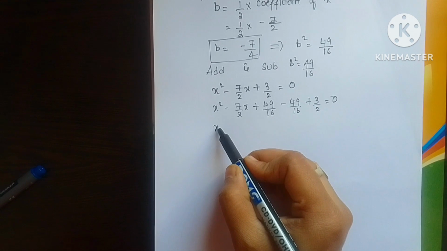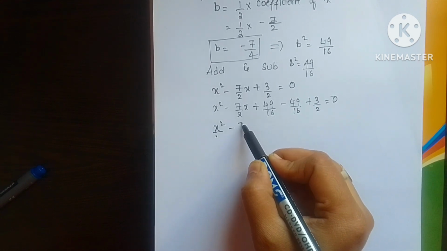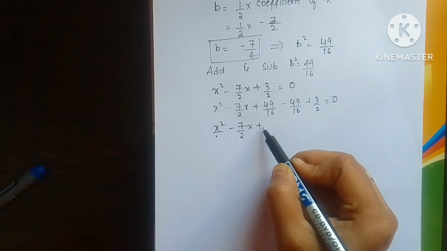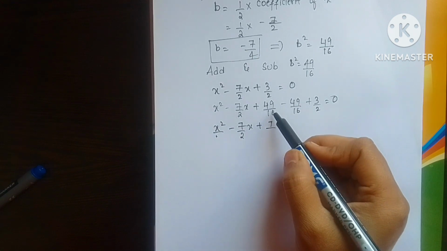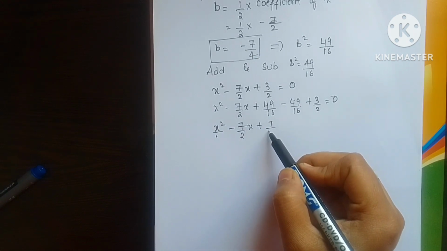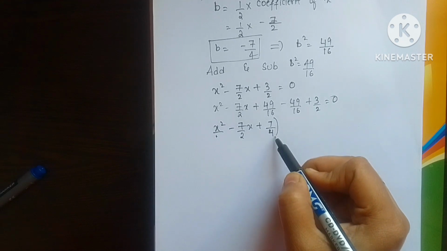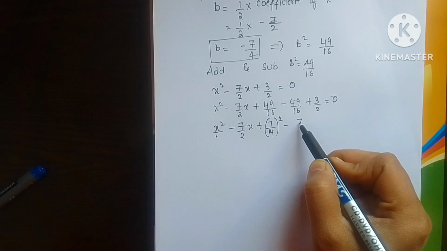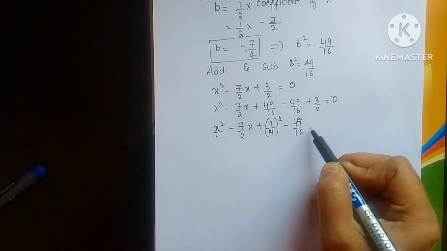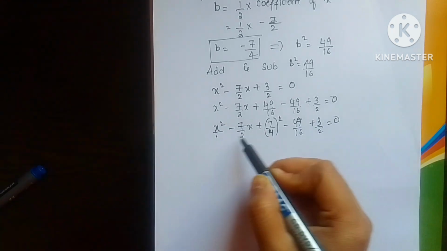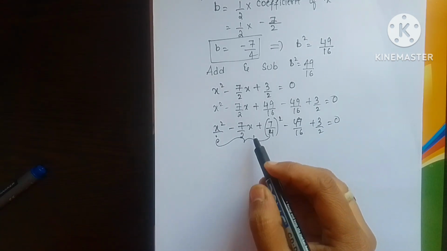So this, x square minus 7 by 2 x plus 49 by 16, is in the form of x minus 7 by 4 whole square, minus 49 by 16 plus 3 by 2. This is in the form of a minus b whole square.